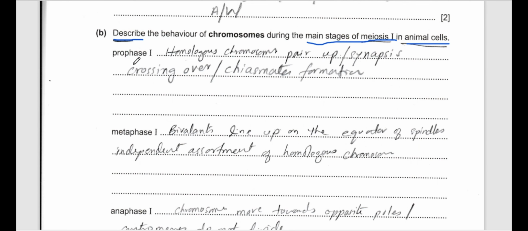So number 1 is prophase 1. So prophase 1, as you know, there are many things happening in prophase 1 of meiosis 1. Please make sure that you are understanding we are talking about meiosis 1. We are not talking about mitosis. It's meiosis 1, and even we are not talking about meiosis 2. So only the main stages of meiosis 1 we have to deal with.